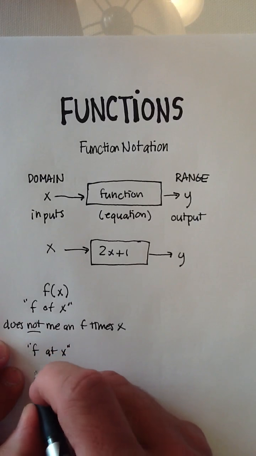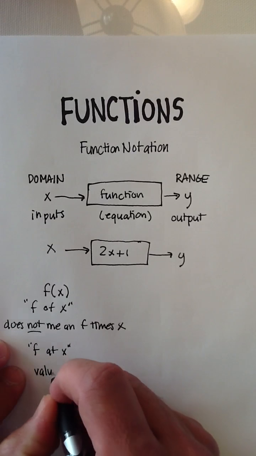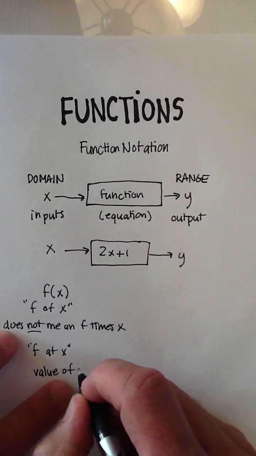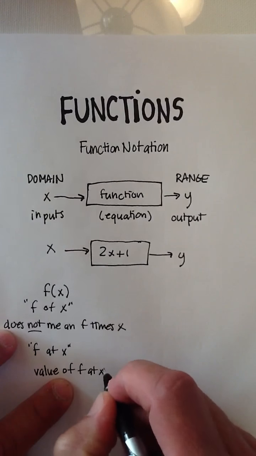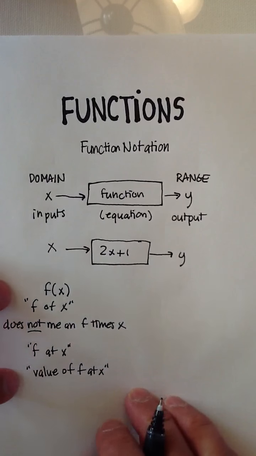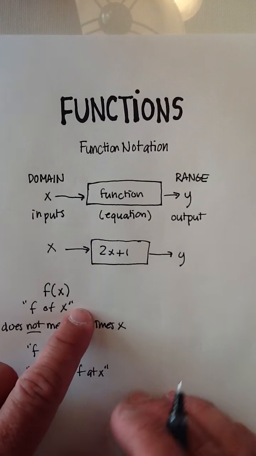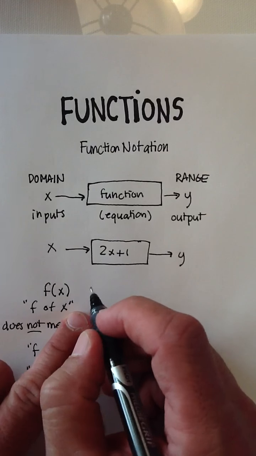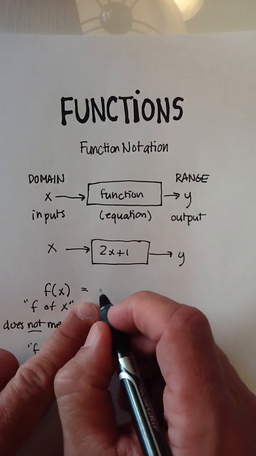Or a third way of saying that is the value of f at x. Okay, those are all three different ways of actually saying the same thing. Okay, is equal to whatever the function is.